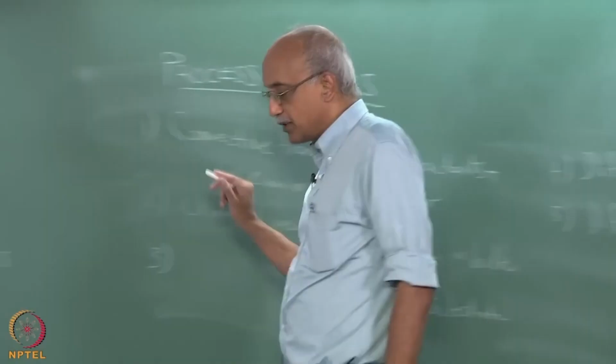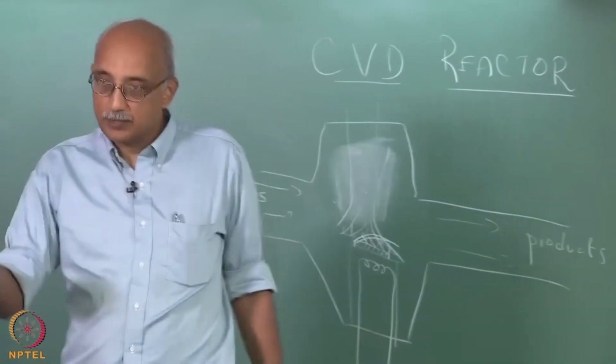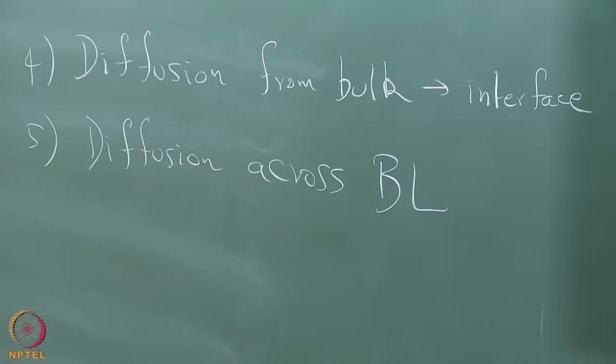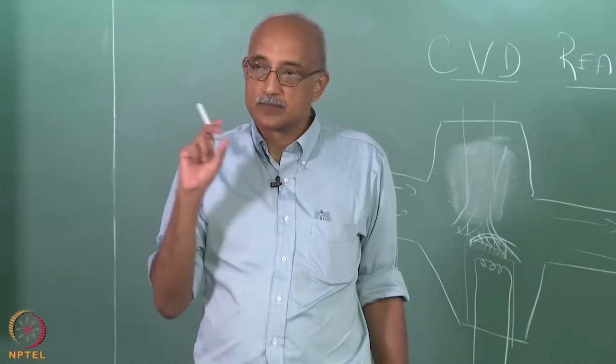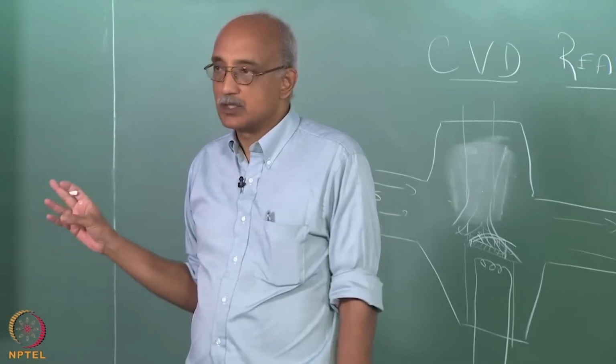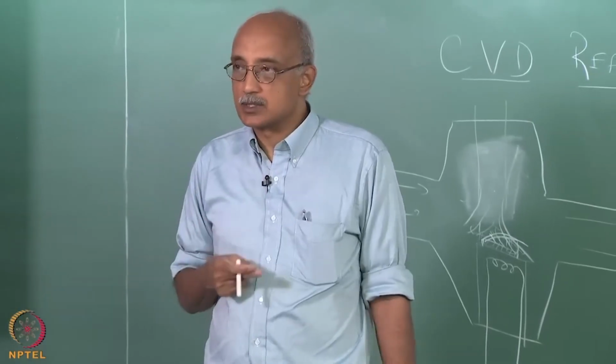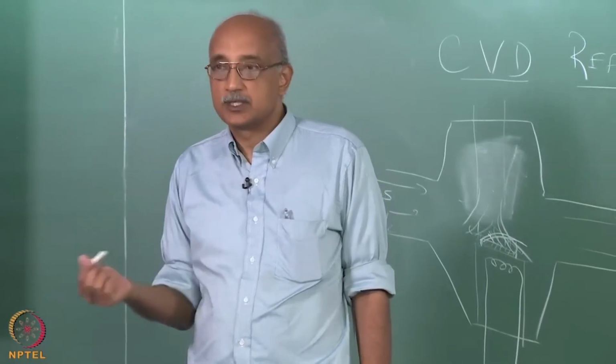By the way, the diffusion from bulk to outside the boundary layer is what we call convective diffusion. So, the convection process itself is aiding the diffusion process. So, it is essentially an enhanced diffusion process, but the diffusion inside the boundary layer is happening in the absence of any convective phenomena. So, it is a purely molecular diffusion process, which is also aided by something called thermal diffusion.